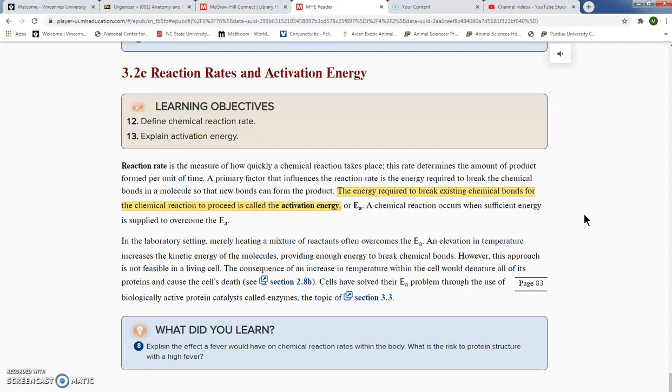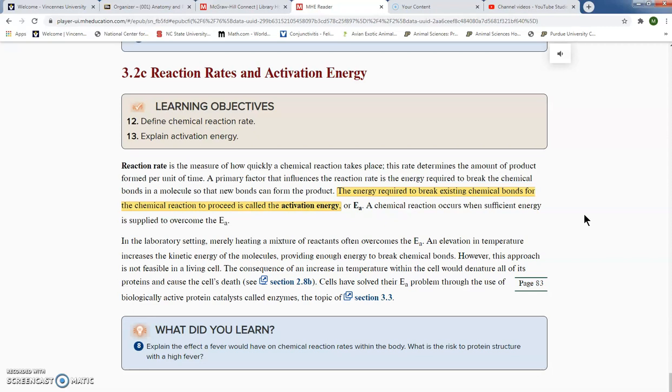We can't heat our human body up, because remember, one of the reasons is if our body temperature gets too high, our proteins within the body, they denature, they break down, they can't function, and pretty much halts all processes in the body. So that's not a good way to make a chemical reaction happen.